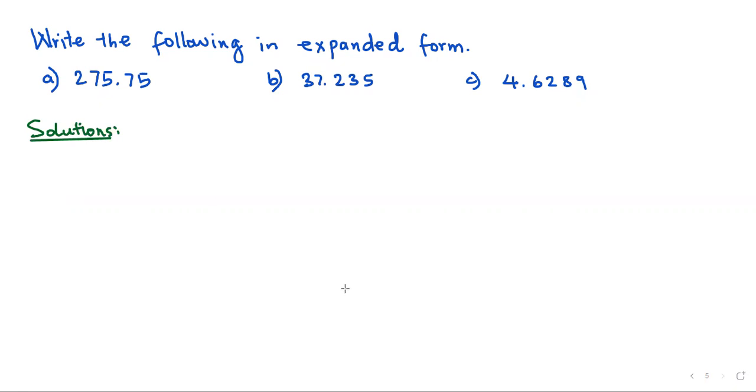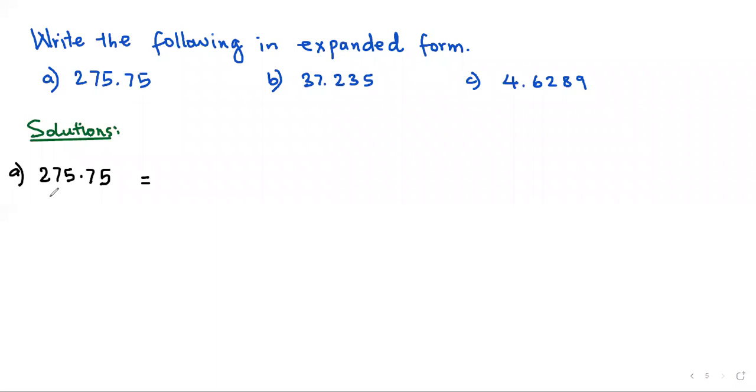So part 1, we have got 275.75. We want to write this in expanded form. Let's go. What is the place value of 2? 200. Okay. So the value will be 200.